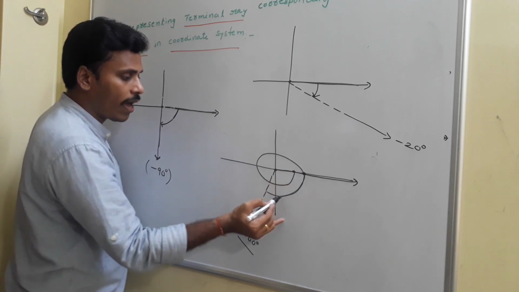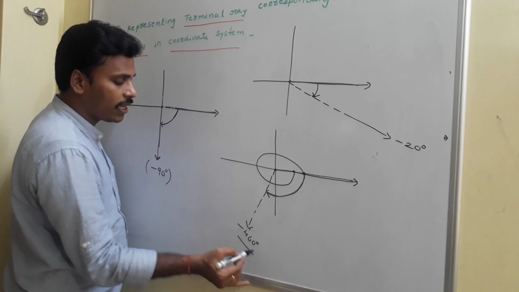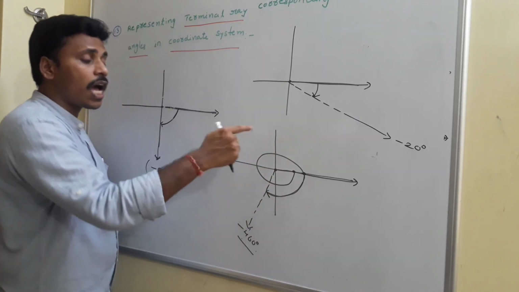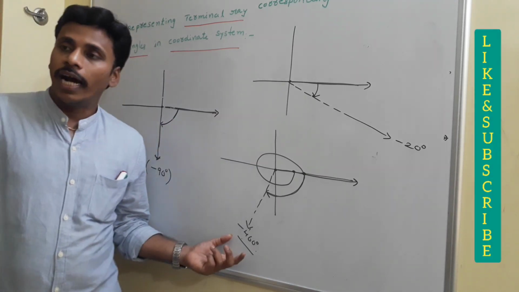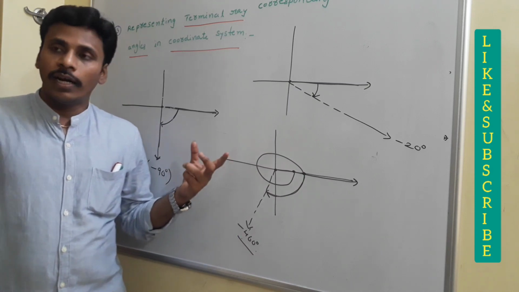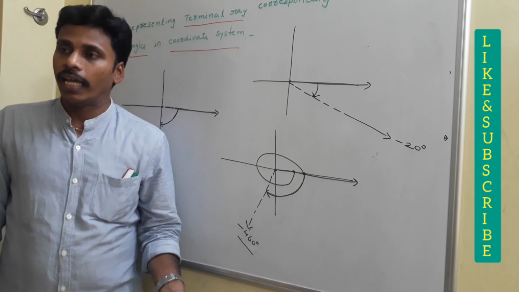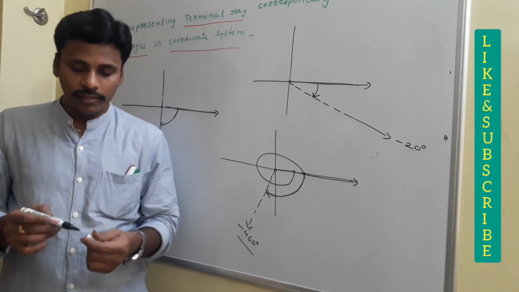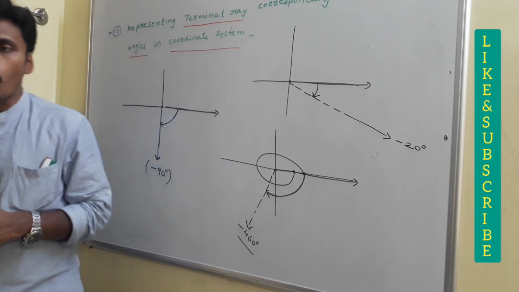From there, if I move an angle of 100 degrees, 90 plus 10, then the total angle is 460. But since we are rotating in clockwise direction, it represents a negative angle, and that is minus 460. So in this pattern, you have a chance to indicate every angle in the coordinate system, either positive or negative. You have a chance to represent its terminal ray in the coordinate system.